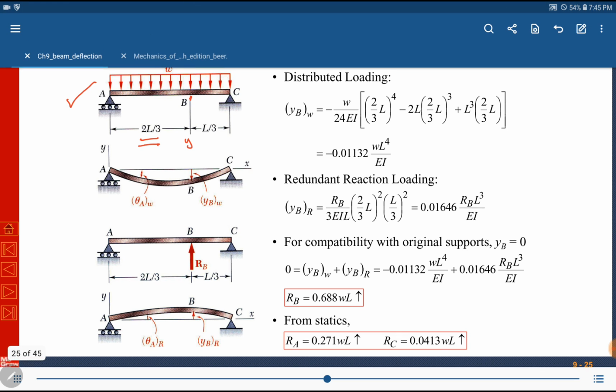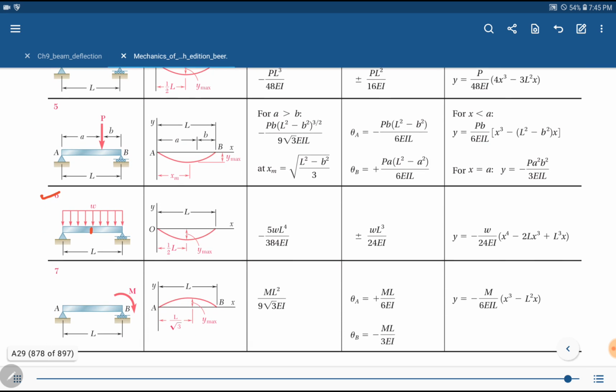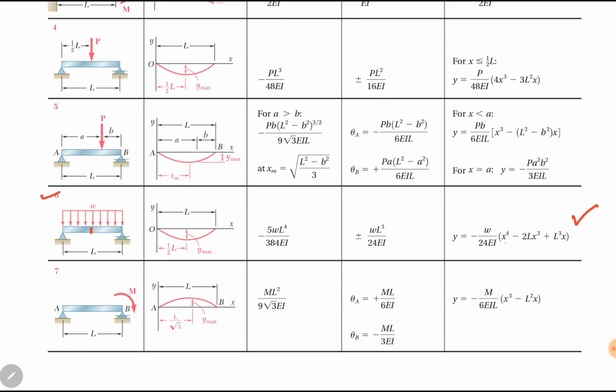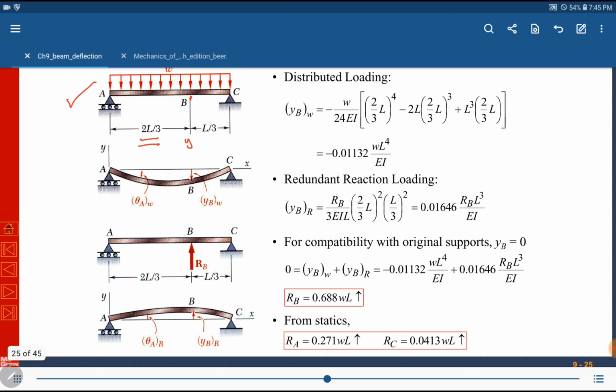Deflection at point B. So here's equation of elastic curve for this beam. If we put x equal to 2L by 3 in this expression, we can find y at point B for our problem. I will directly show it here.